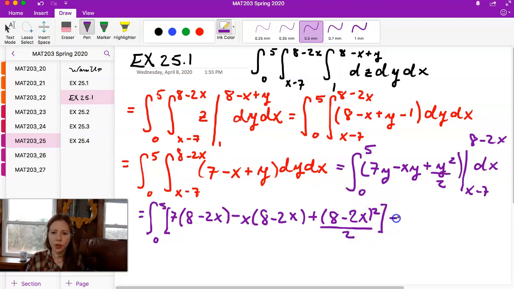And then we're going to subtract off our lower limit, our x minus 7. So then we have 7 times x minus 7, minus x times x minus 7, plus x minus 7 squared over 2.